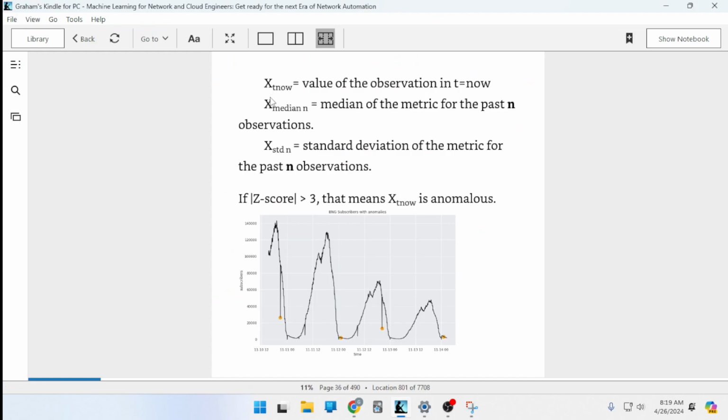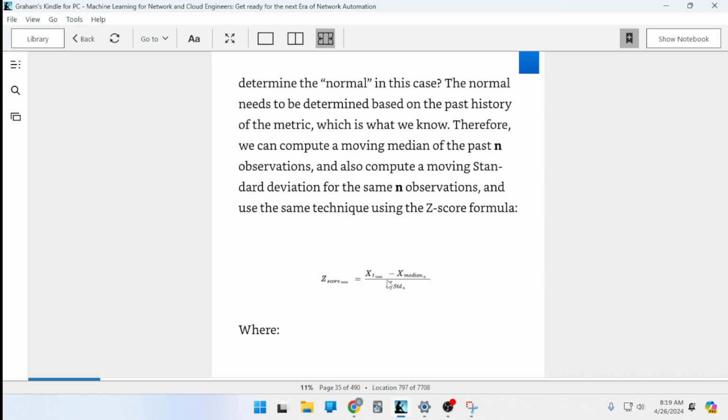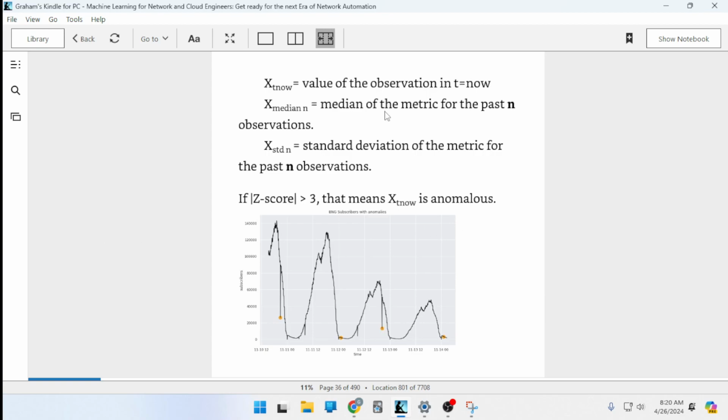So x subscript t now equals the value of the observation in t equals now. So if we fill in the t now, and we have to fill it in there in order to get the z-score, then x subscript median of n, median of the metric for the past n observations, x subscript standard deviation of n, the standard deviation of the metric for past n observations.